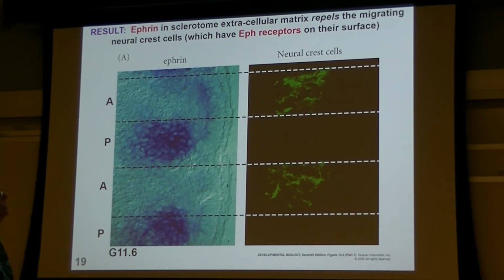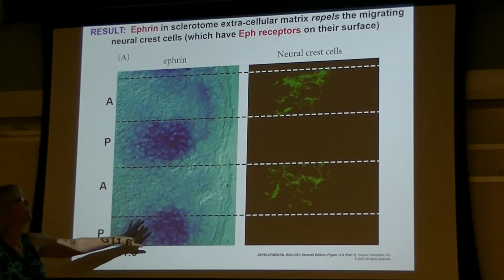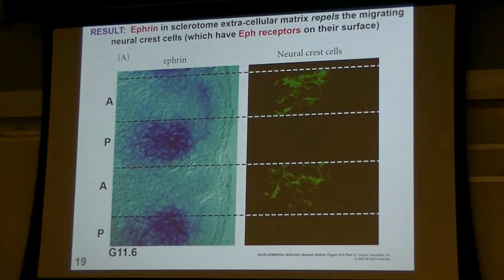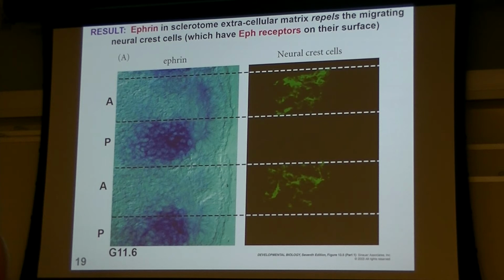So here's a situation where the neural crest cells are found in the anterior half, and here's a gene product, ephrin, that has a very particular expression pattern only in the posterior halves of somites. And it turns out that ephrin is actually a repulsive cue. So if the neural crest cells are going along and they sample their environment and they encounter ephrin, they don't like it, and they'll migrate away from that. So it really is a repulsive cue.